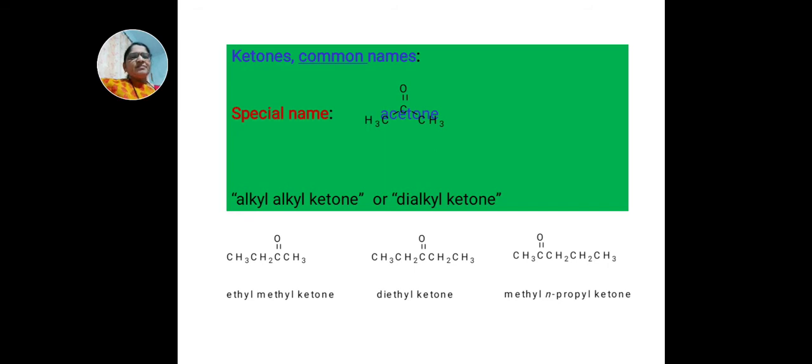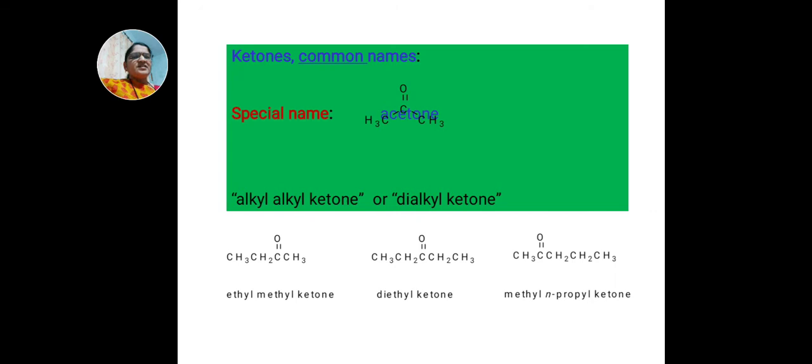Then second example, on this carbonyl carbon atom there are 2 alkyl groups CH2CH3, CH2CH3. Both are same. Name of this CH2CH3 is ethyl. These two groups are same, hence the name of this compound becomes diethyl ketone.